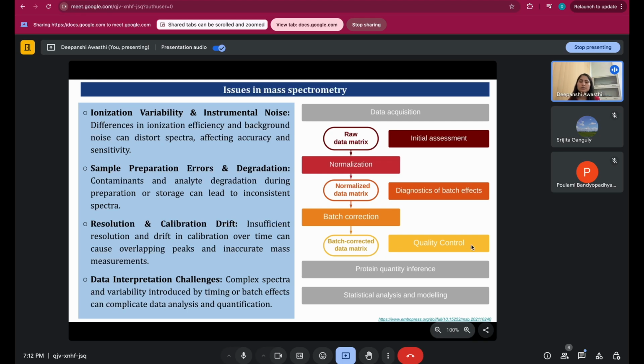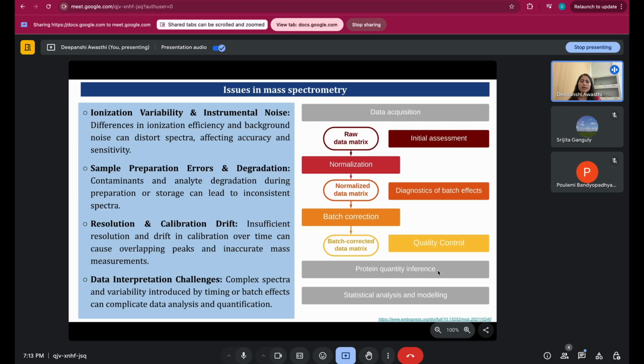Now you have to perform quality control, where you check the data, whether it is accurate or not, and whether there are missing values, which you have to impute. You have to see whether the data you are obtaining is relevant or not, so that comes under quality control.